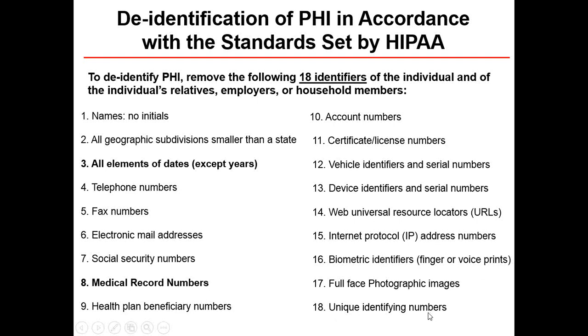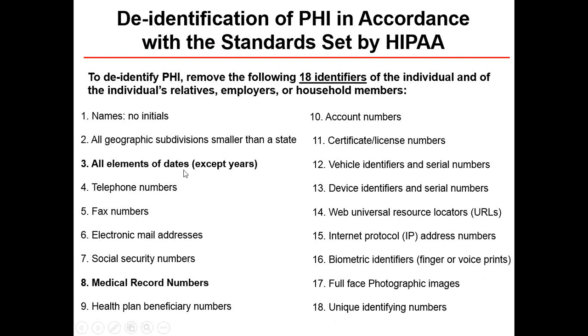And I highlighted a couple of items here. First of all, I want to highlight the names. What is tricky is we're not allowed to add any initials. I think that's a common mistake, that you usually add initials from your patients or your human subjects into your paperwork, and that's basically not allowed. No initials.